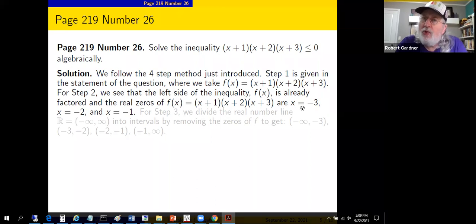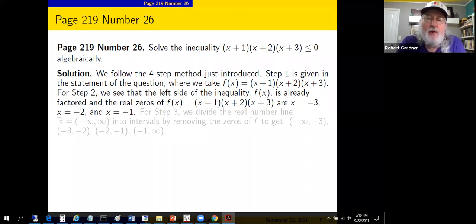Listing them in order, from lesser to greater, left to right as they appear on the number line, which is important because we're going to break the number line into intervals using these. First, x equals -3, second x equals -2, and third x equals -1.